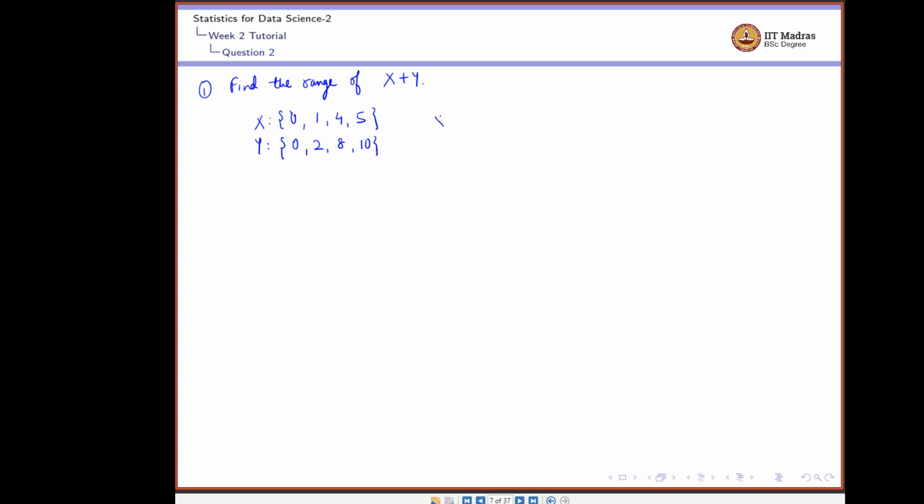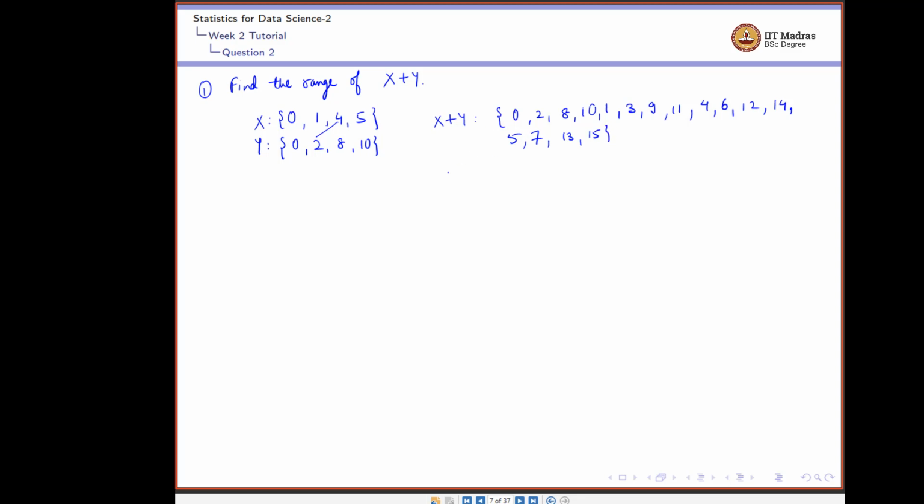So x plus y will take the values: 0 plus 0, so it will be 0, 2, 8, 10, then 1, 3, 9, 11, then 4, 6, 12, 14, then 5 plus 0 is 5, 5 plus 2 is 7, 5 plus 8 is 13 and 5 plus 10 is 15.